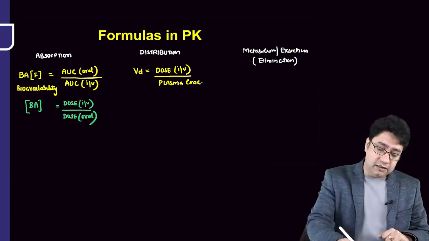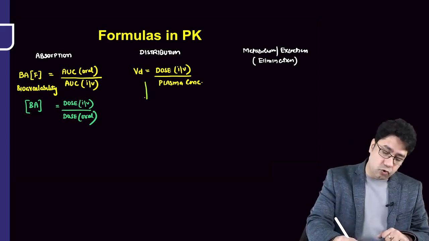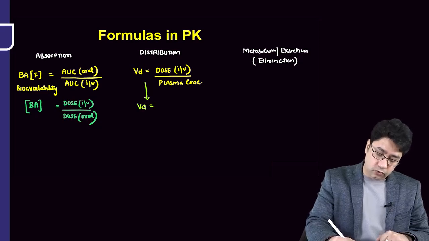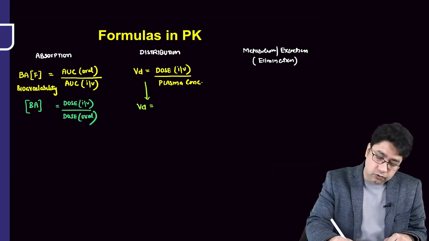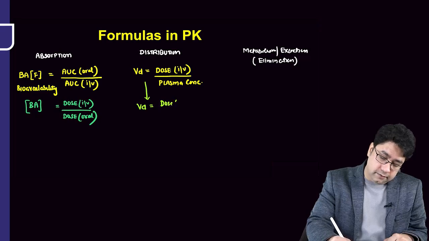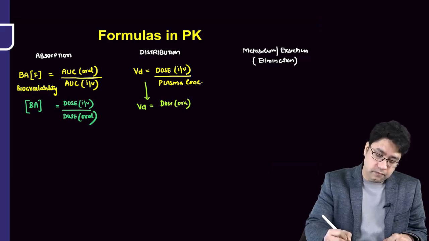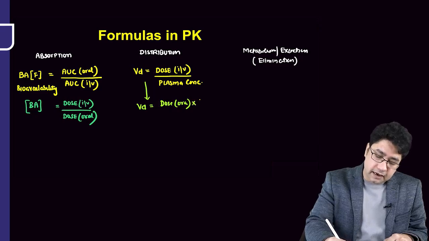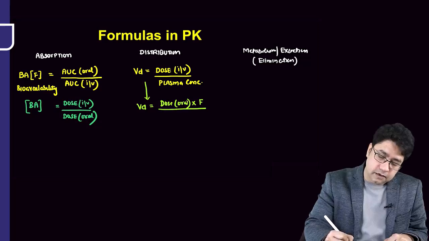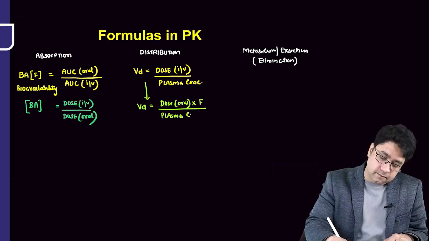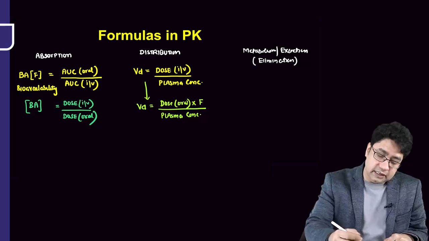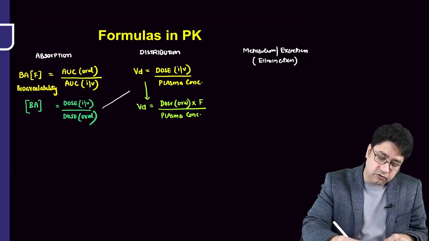So can we make this formula as for oral dose as Vd is equal to dose given orally multiplied by F, F is bioavailability, divided by plasma concentration. Because I have, instead of IV, I have used this formula.